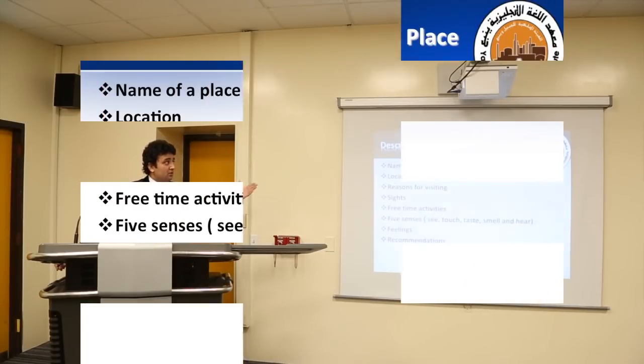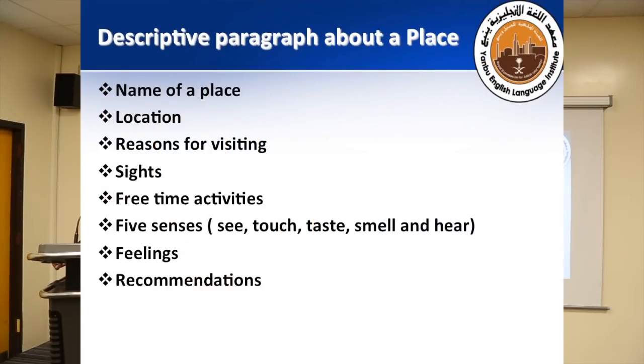If you look at this slide, I'm going to give you a few tips to write a descriptive paragraph about a place. First of all, you should write the name of the place. You can write about the location of the place, where it is located. You can also talk about the reasons why you visited that place, and the sites you visited.